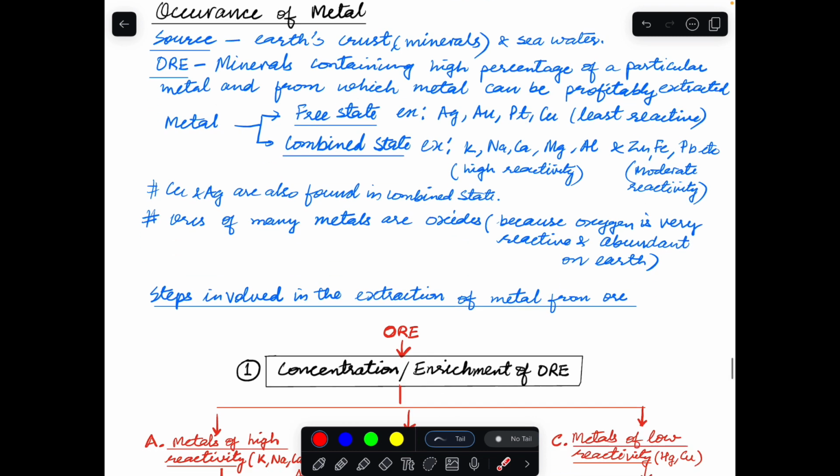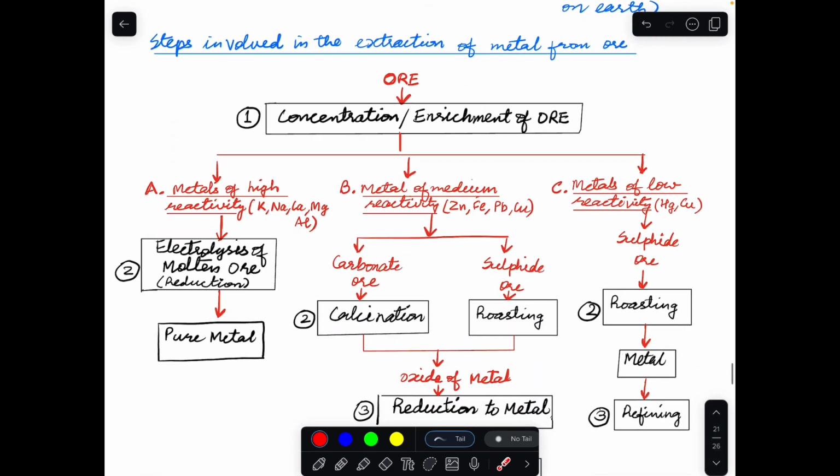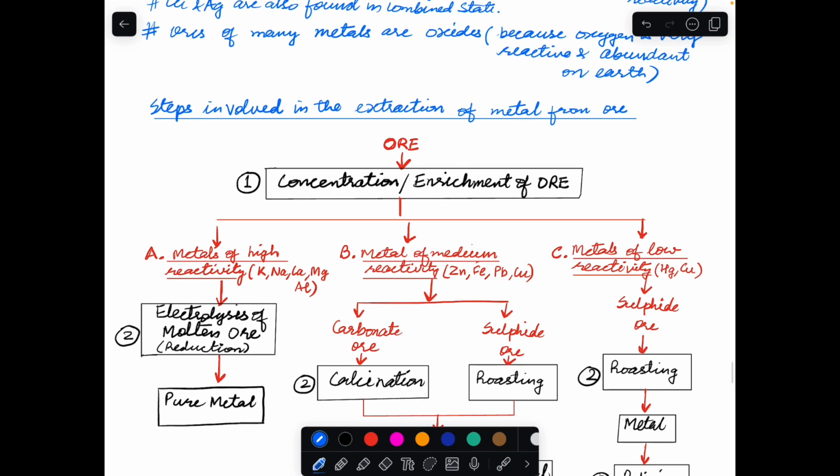We discussed this earlier. So here we will see the steps involved in the extraction of metal from ore. Before doing this mind map, remember the basic idea. The first basic step for the extraction of metal is concentration of ore, that is basically purification of ore.